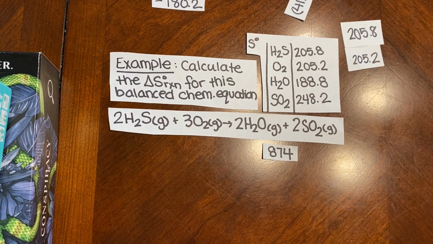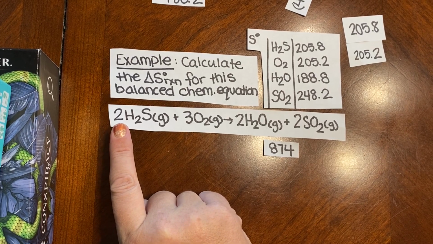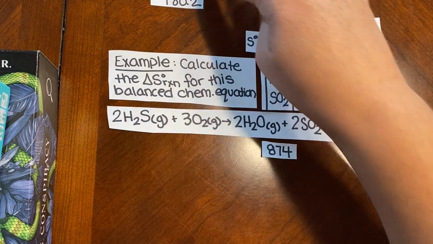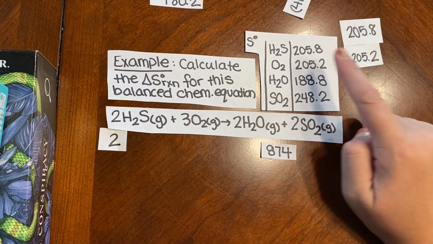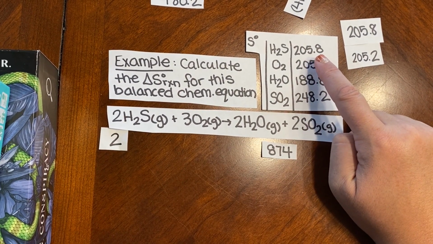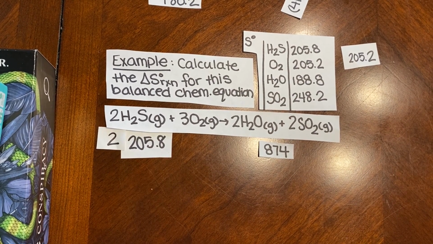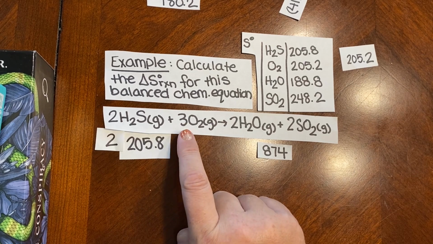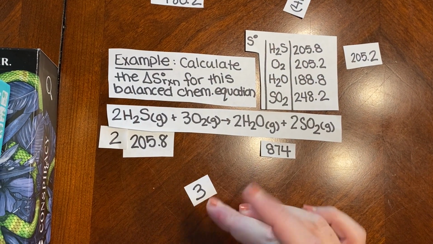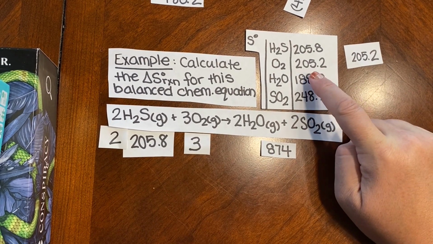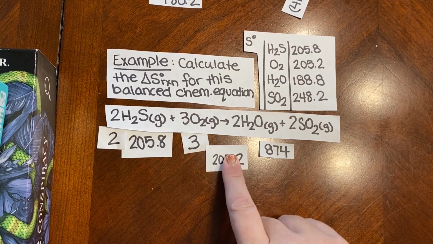All right, let's do the other side. For the other side, we have 2 moles of dihydrogen sulfide, and dihydrogen sulfide is 205.8. So I'm going to multiply 2 times 205.8. My oxygen gas has 3 moles, and my oxygen has a standard entropy of 205.2.